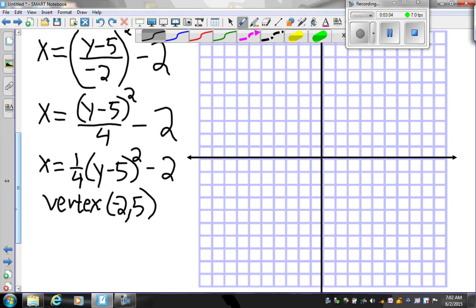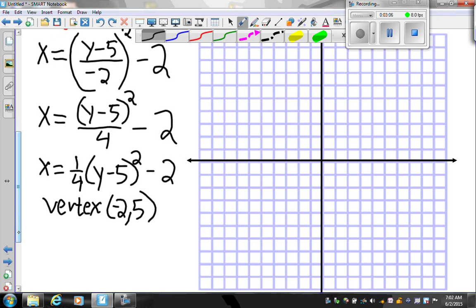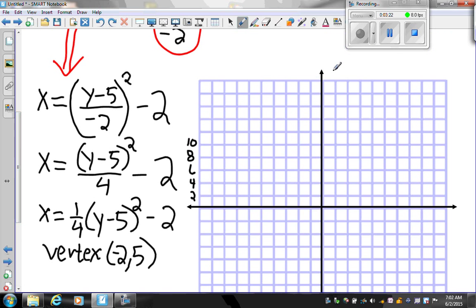We know that the vertex is at negative 2, 5. For the purposes of this graph, let's go ahead and make each one of these marks equal to 2. So it's 2, 4, 6, 8, 10, and so on. And 2, 4, 6, 8, 10, and so on. So we know that our vertex is at negative 2, 5. So negative 2 and 2, 4, 5. Right here.